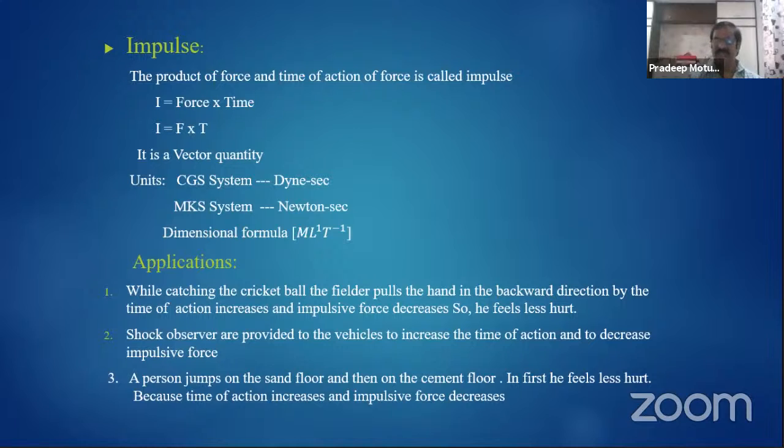That is why, for safety, while catching the cricket ball, the fielder pulls his hand backwards. That means to decrease the impulsive force. Force is small and it takes a long time to stop the ball, so he feels less hurt.